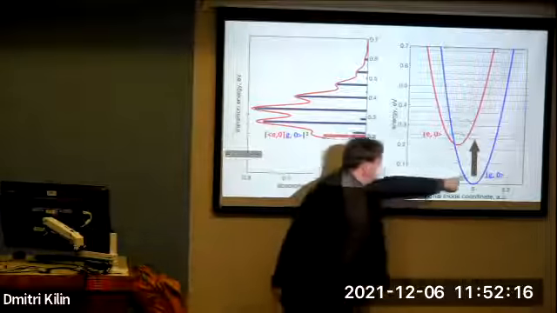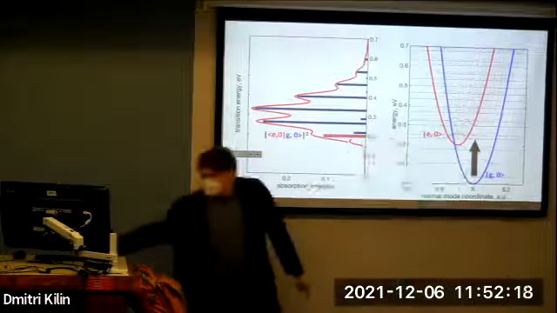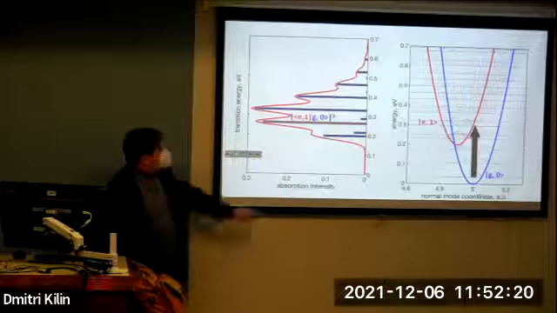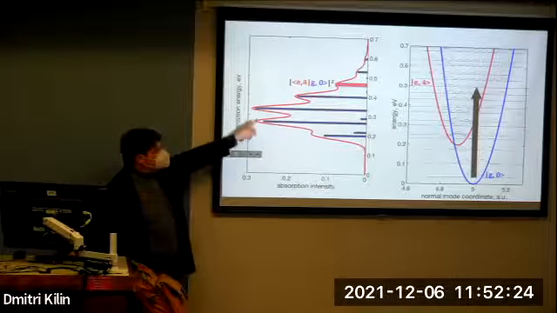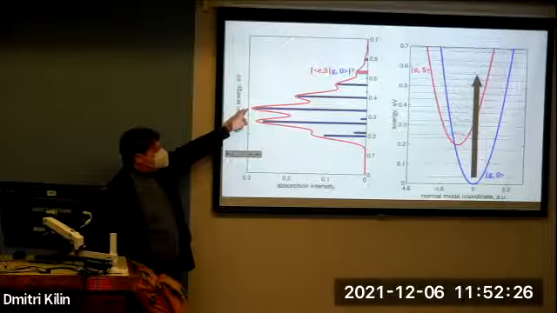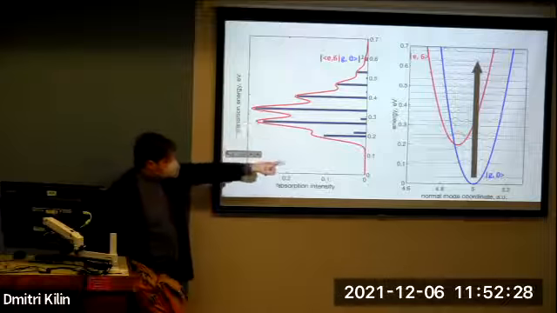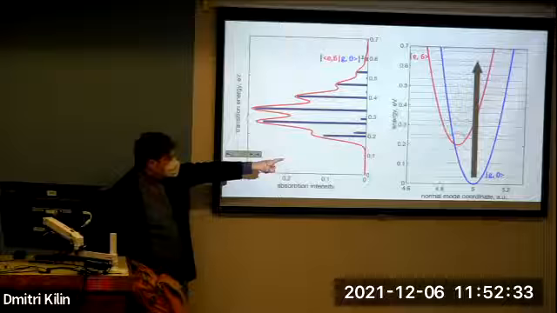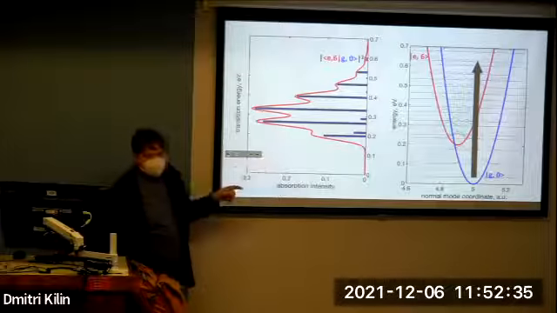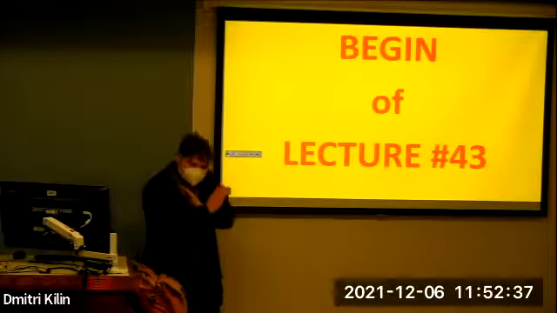First line, transition from here to there. Then second line, from here to there. So here are different transition energies, and the intensities of these transitions are based on the overlap of the pink and blue vibronic functions. Okay, enough. Thank you for your attention.